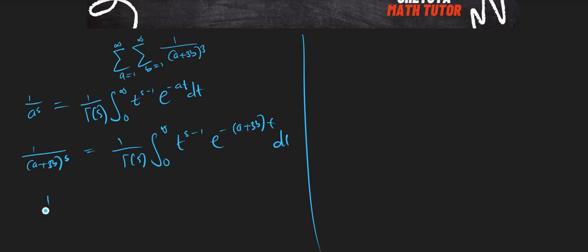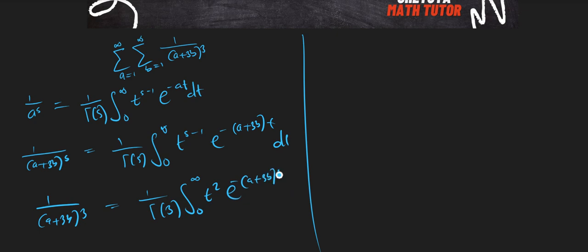Which means that 1 over (a plus 3b) to the third power would be 1 over gamma of 3 times the integral from 0 to infinity of t squared e to the negative (a plus 3b) t dt. Of course this is equal to half of the integral from 0 to infinity of t squared e to the negative (a plus 3b) t dt.